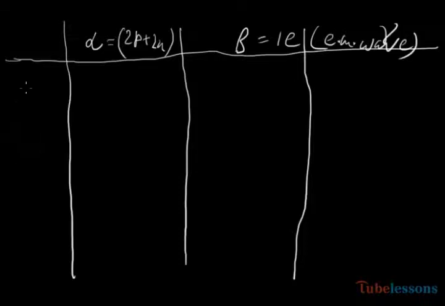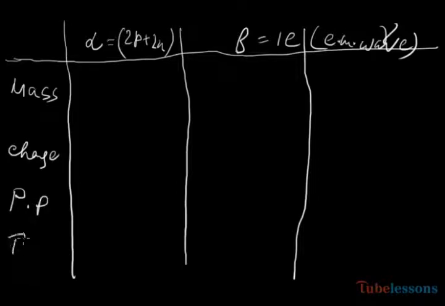It has no particle. Now, number 1, mass. Number 2, charge. Number 3, penetrating power. Number 4, ionizing power or capacity.